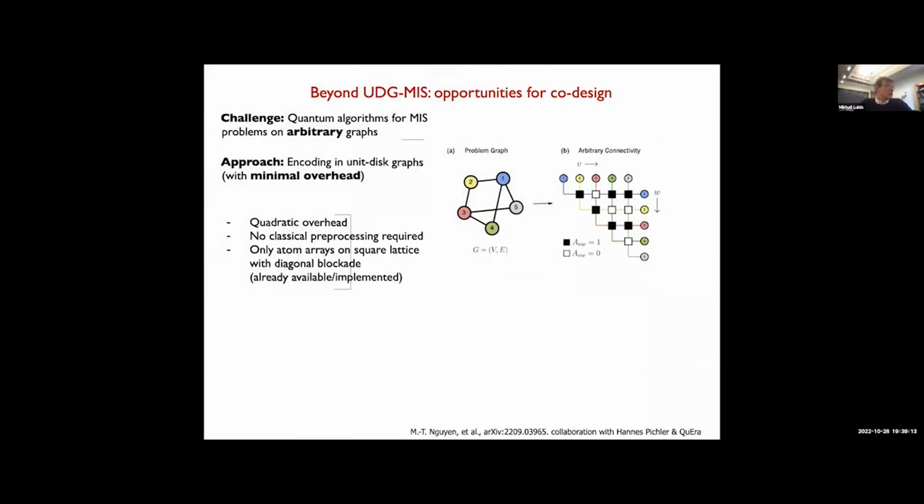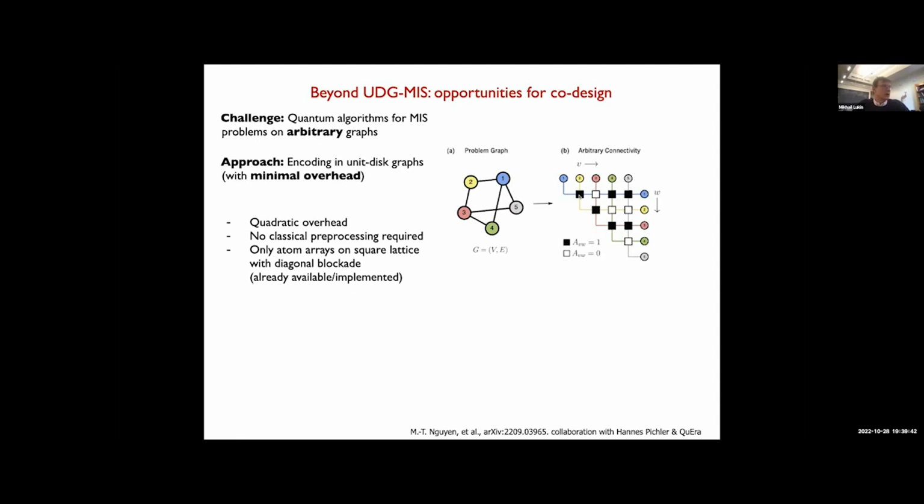We're also interested to go beyond the unit disk graphs. And again, we utilize this idea of co-design here. The key here is to develop certain types of gadgets which can encode complex non-unit disk problems into the unit disk Rydberg Hamiltonian.